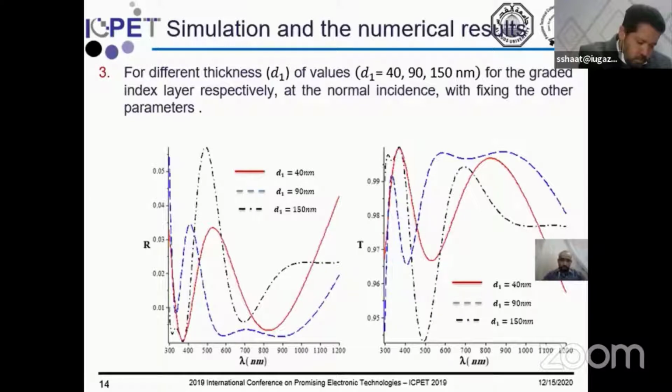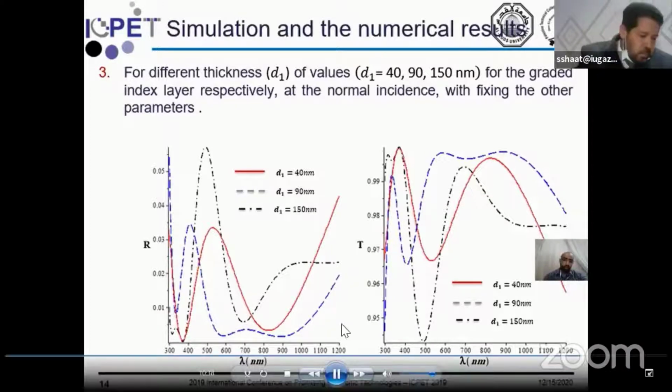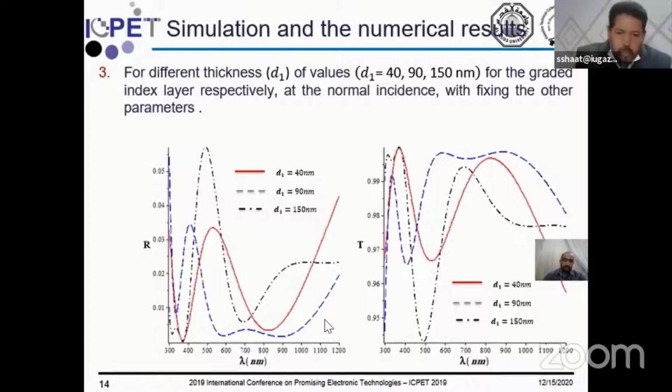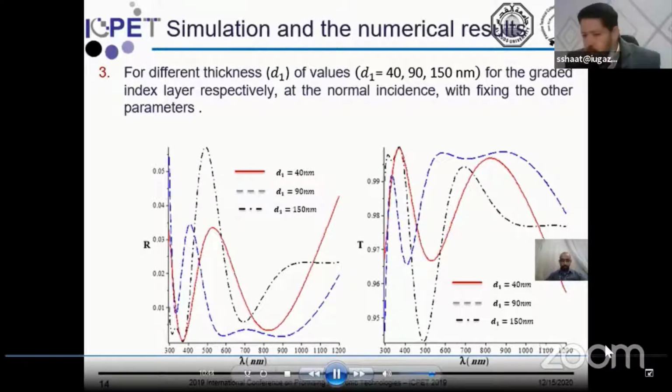Now, by changing the thickness with values 14, 19, and 115 nanometer for the graded index layer at the normal incident with fixing the other parameters, we will see the variation in the reflectance and transmittance, but the best and optimal results are satisfied at D equal 19 nanometer, which is shown by the dashed blue line in both figures, the reflectance on the left and the transmittance on the right, for a long range of wavelength.